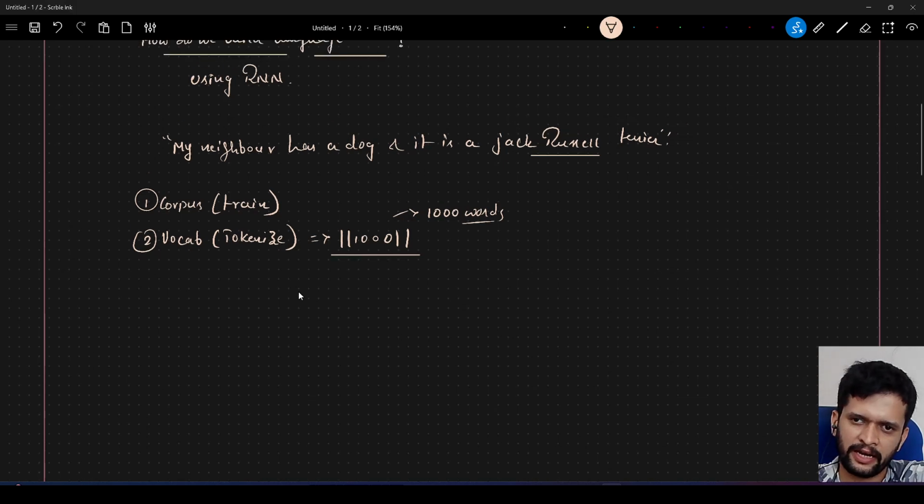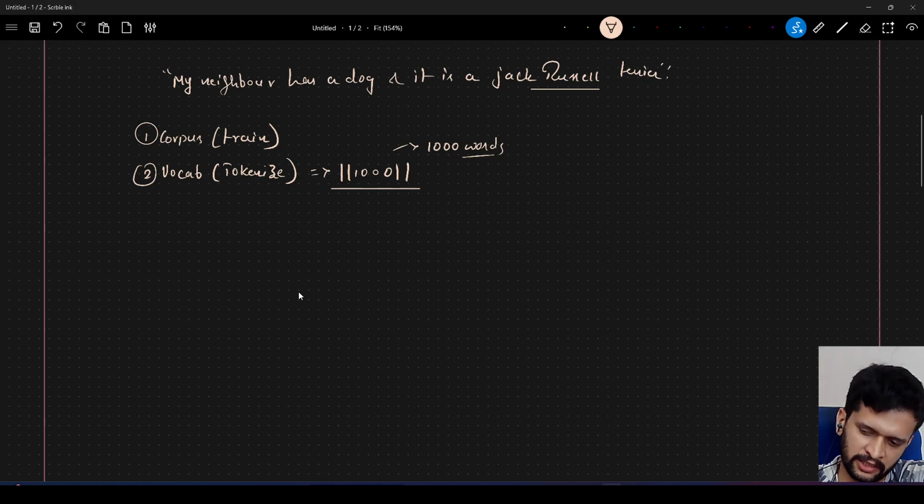Now, how do I train an RNN as a language model? Let's see that. We know the basic architecture of RNN, so I'll just write it in a shortened way. I'll have my X1, the activations at the first time step, and the predictions, correct?